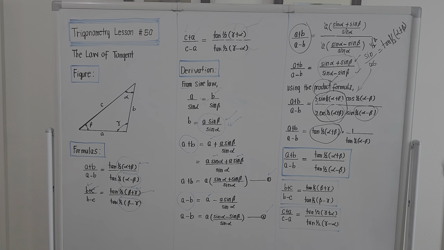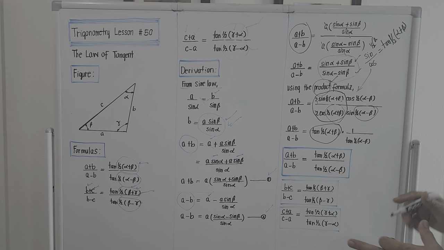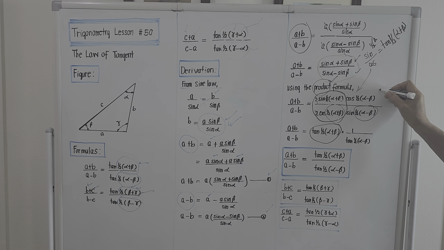Then we'll try this remaining cosine of 1/2 of alpha minus beta and sine of 1/2 of alpha minus beta, we will try to make some manipulation. We will divide the numerator by cosine of 1/2 of alpha minus beta.